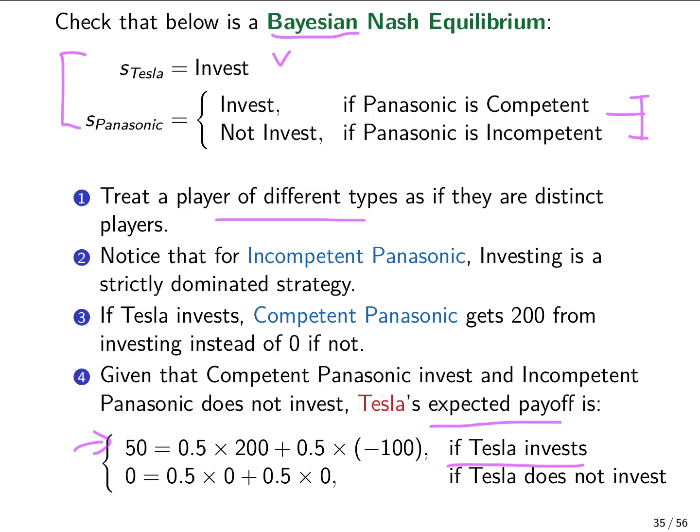The strict definition, when the types of different players are correlated, requires calculating the conditional probability when they do the expectation and calculate expected payoff. But here, no need to worry about that because they don't depend on each other. So we can just use the prior, the 50-50, to calculate expected payoff.